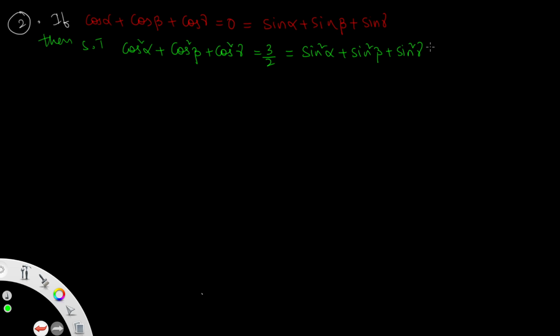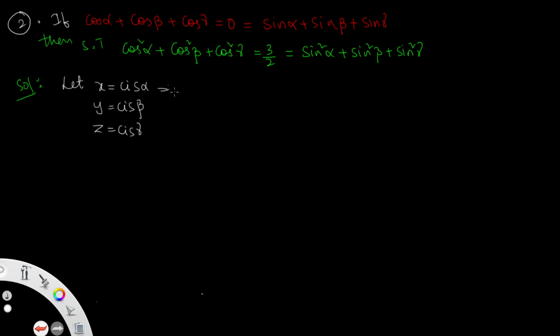This is question number 2. So we have to take x equal to cis alpha, y equal to cis beta and z equal to cis gamma.